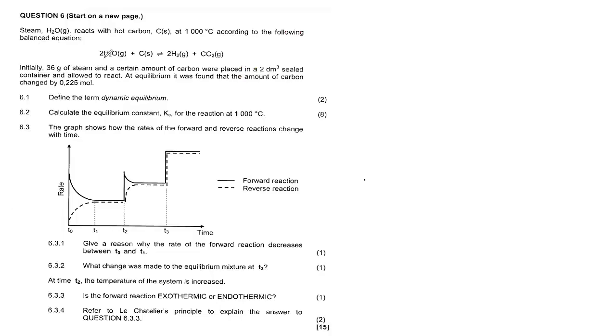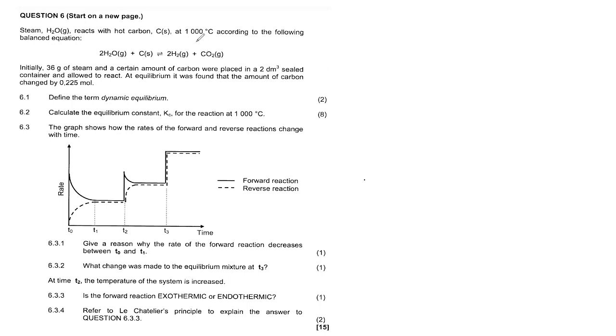Okay, so we have question 6, still on chemical equilibrium. It says steam, H2O in gaseous state, reacts with hot carbon, which is carbon in solid state. Remember, if we have any substance in solid state, it won't be included in the Kc expression, because the Kc expression only considers concentrations of aqueous and gaseous substances, right?